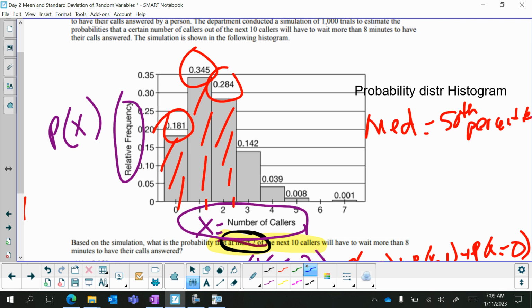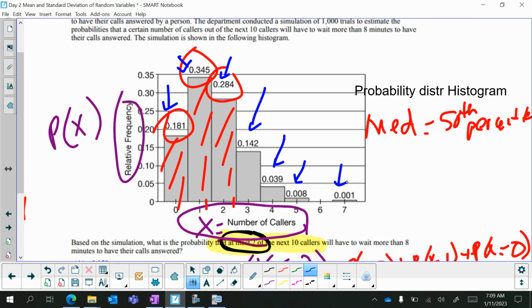So when we're doing the median formula, you guys know we add up all the frequencies on the top of the bars, and we keep adding until we reach or surpass the data point that is the median, which we did yesterday. Well, if we're talking about probabilities, we really just have to keep adding until we reach or surpass the probability of 0.5.